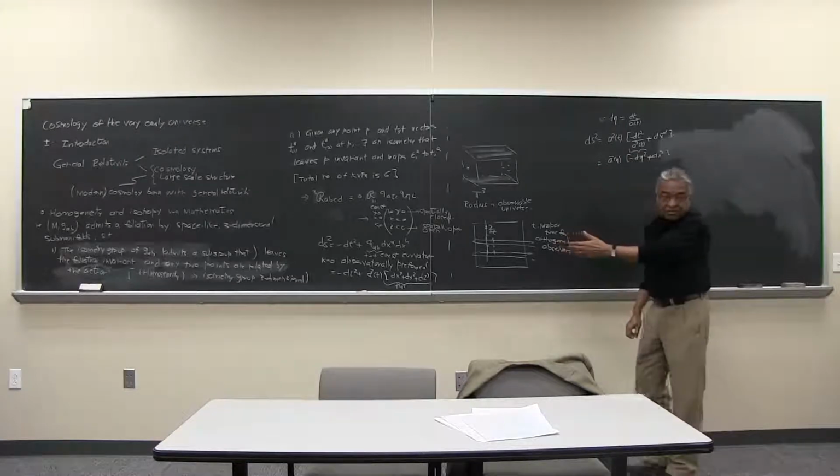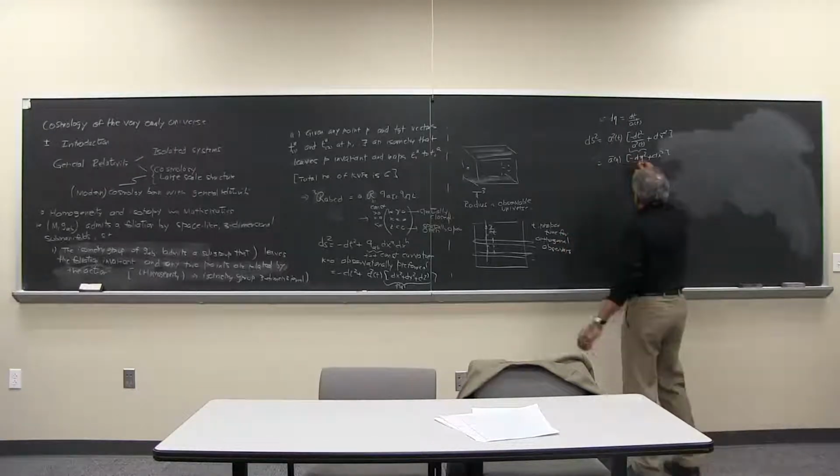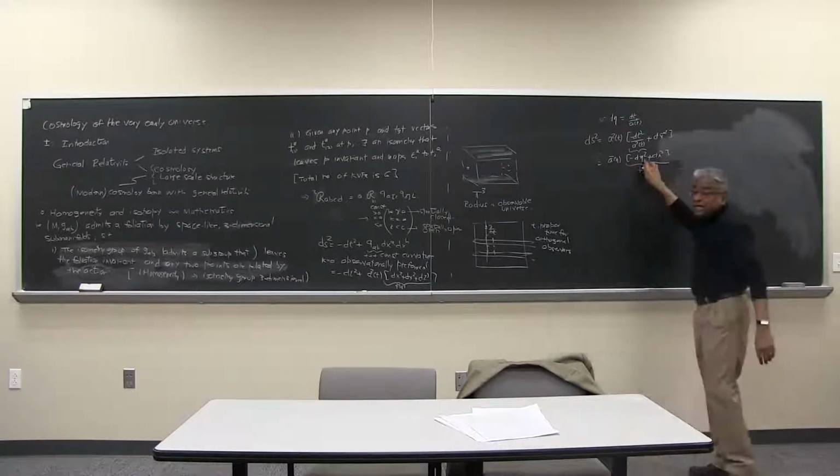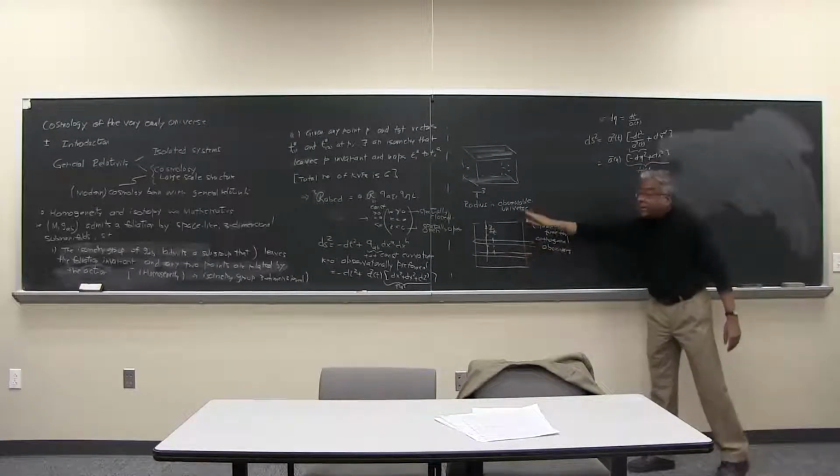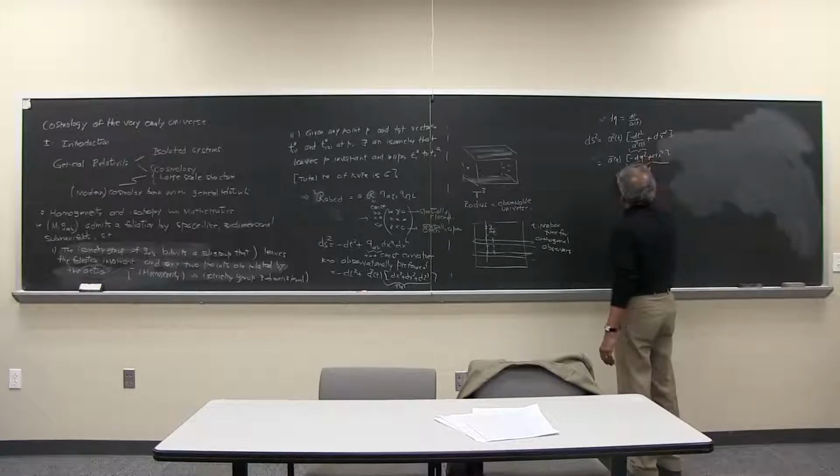The metric is conformally flat anyway, but this makes it manifestly conformally flat, so this is a flat metric. But eta here is not the proper time coordinate, and therefore this eta is called the conformal time.